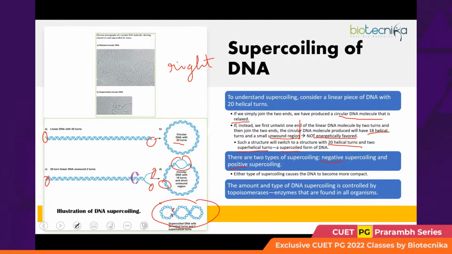So if you do supercoiling again in the right-handed direction, that will introduce positive supercoiling.